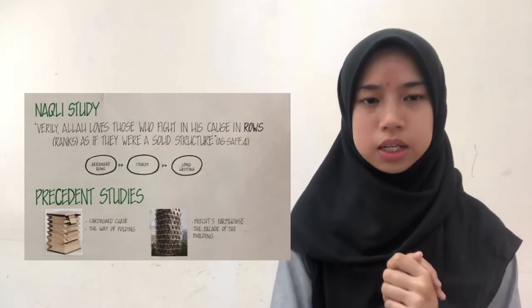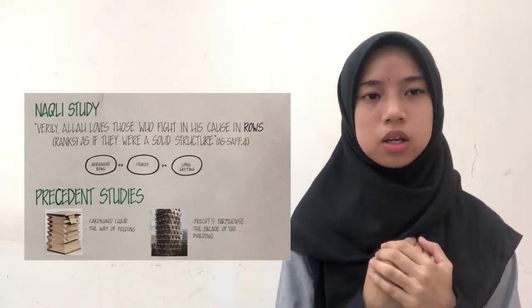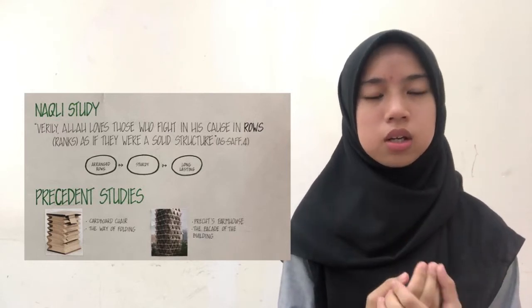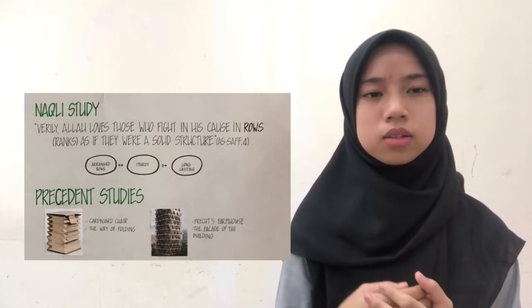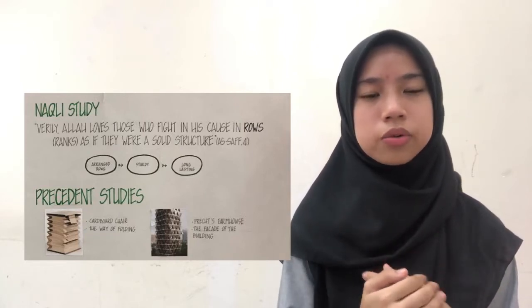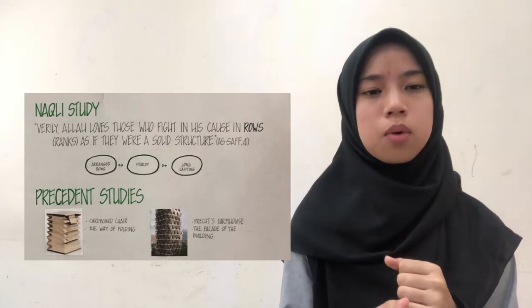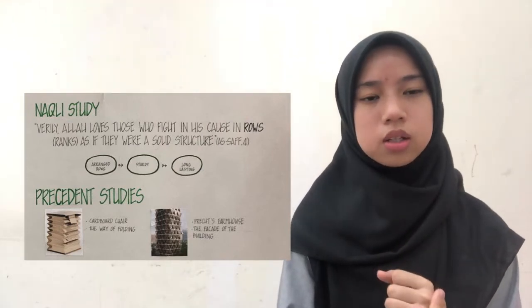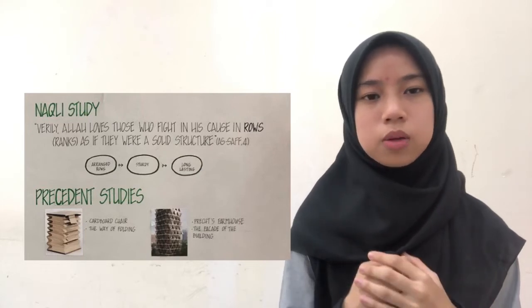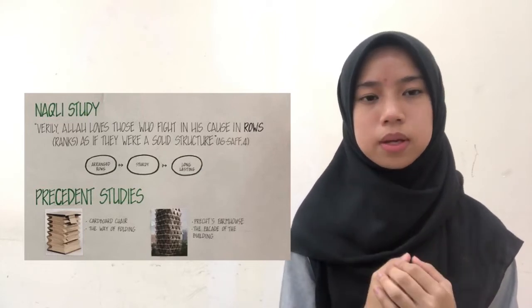From the Naqli study, I can conclude that the term row in this verse can be defined as an arrangement in rows, more solid and structured. So it is more sturdy and will have a longer lifespan.